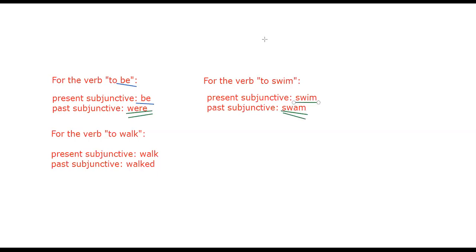So swim. So like this. And of course walk is the same. Walk is just walk for the present subjunctive and walked past tense for the past subjunctive. And that's pretty much all I can say about the subjunctive.